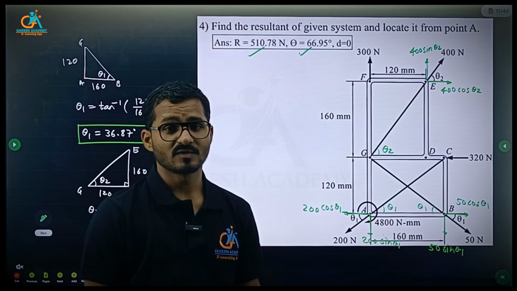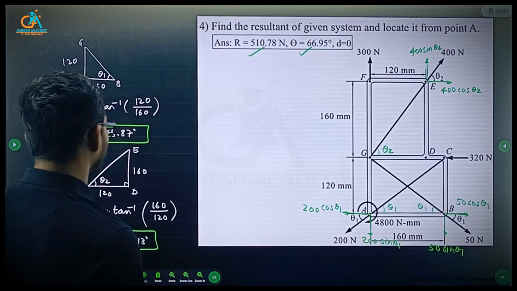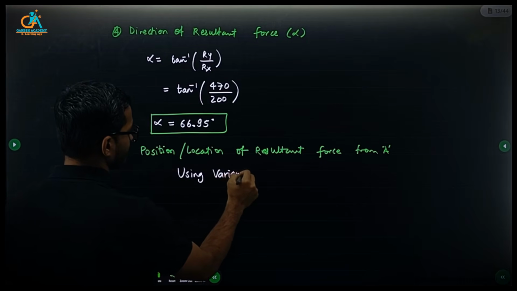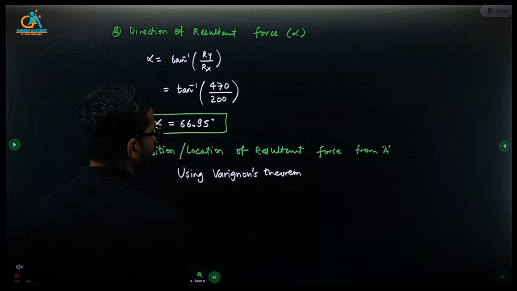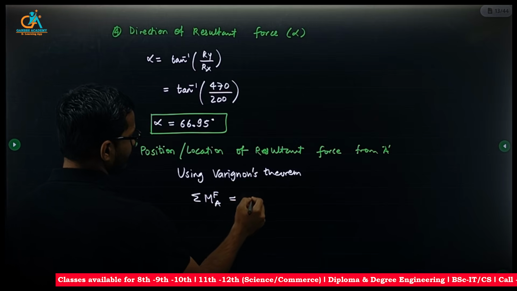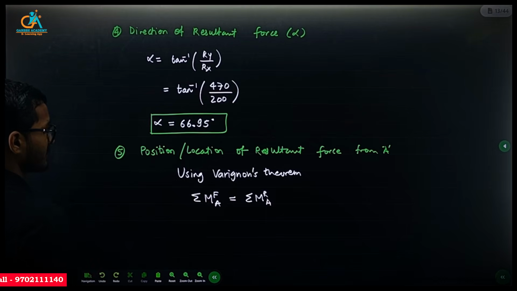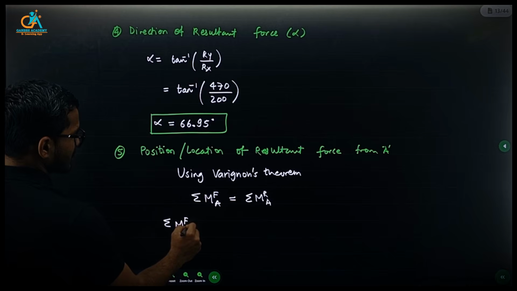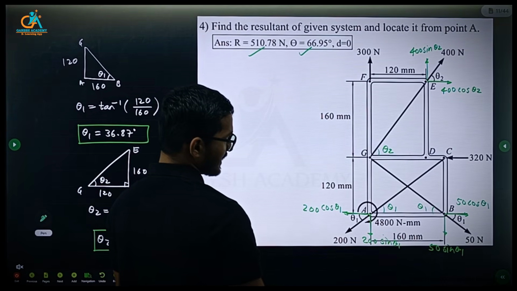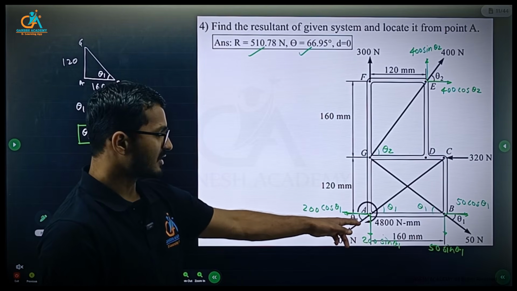We'll first calculate the algebraic sum of the moment about point A, and then we'll equate it with the moment of the resultant about A. The moment of forces about A should be equal to the moment of resultant about A. Forces intersecting A have perpendicular distance 0, so they will not produce any moment.